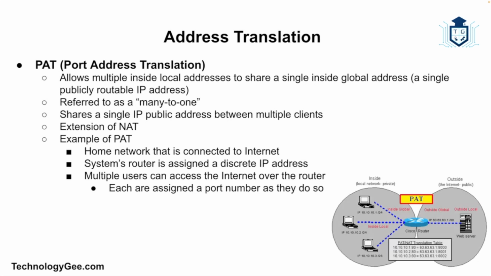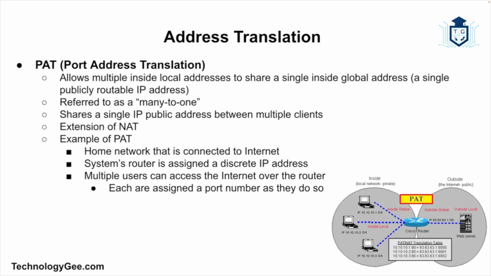This does not scale well because often a service provider provides a customer with only a single IP address or a small block of IP addresses. Fortunately, many routers support port address translation, which allows multiple inside local addresses to share a single inside global address, or a single publicly routable IP address. For this reason, port address translation is referred to as many-to-one.